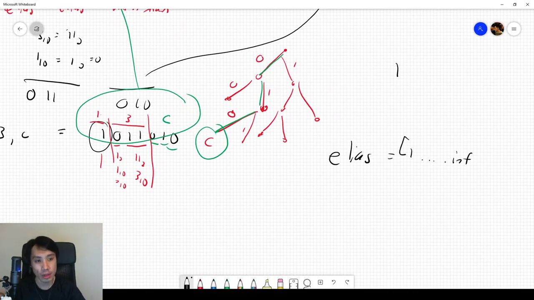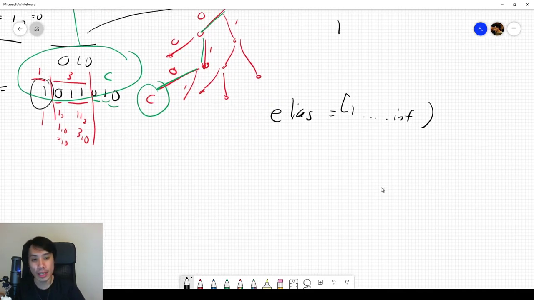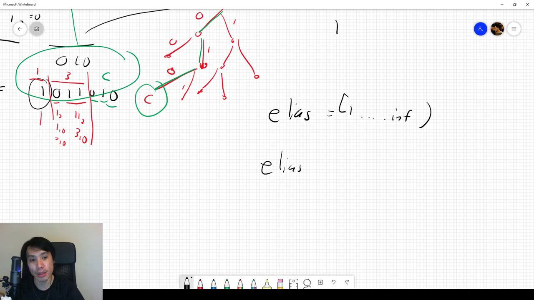So your Elias is not able to represent 0. It's not able to represent negative numbers. So imagine if I want to do Elias of 0 all the way to infinity. How am I supposed to do it?